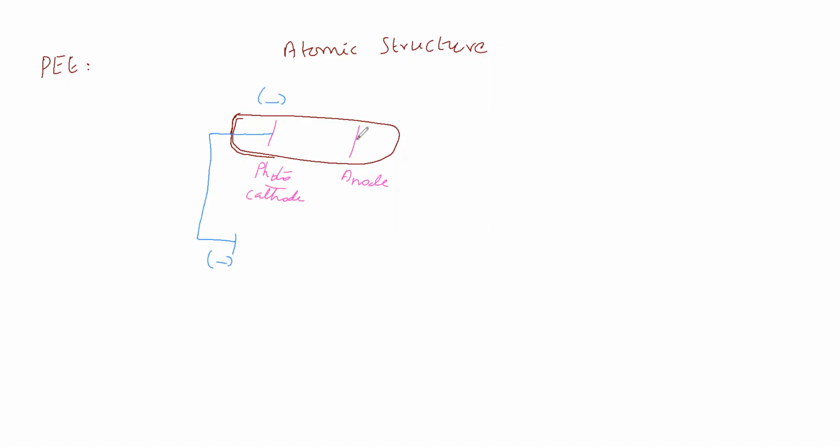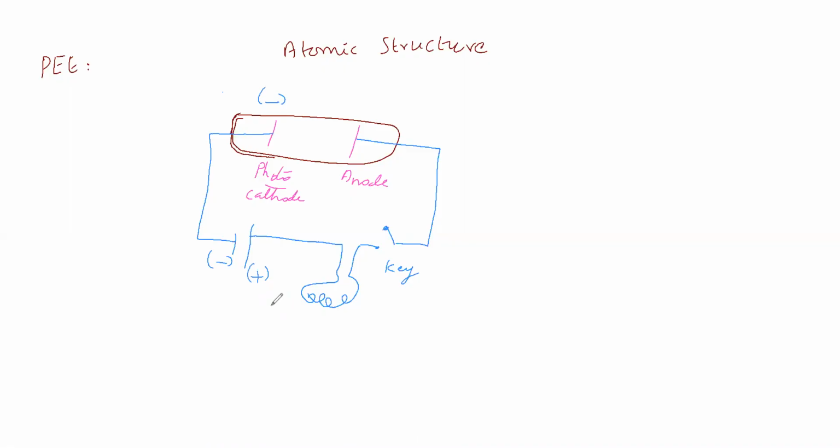Then the anode is connected to the positive pole of the battery. Here there is a key, and here a bulb.